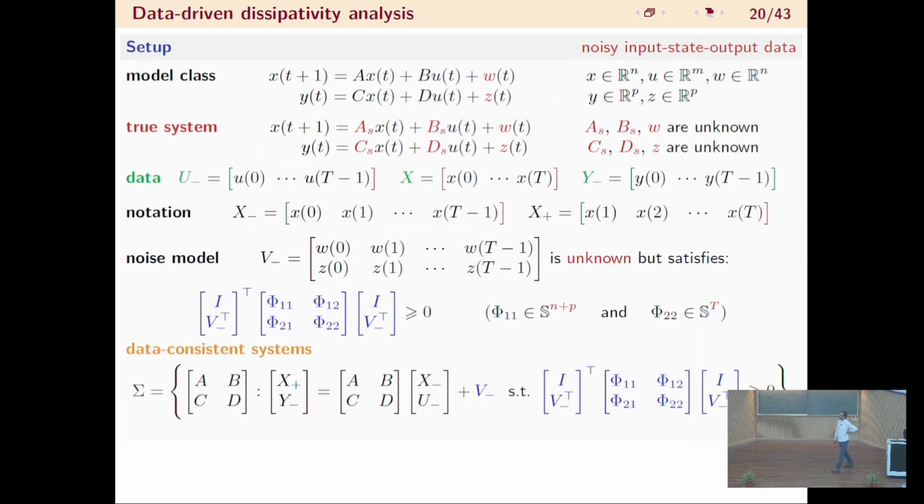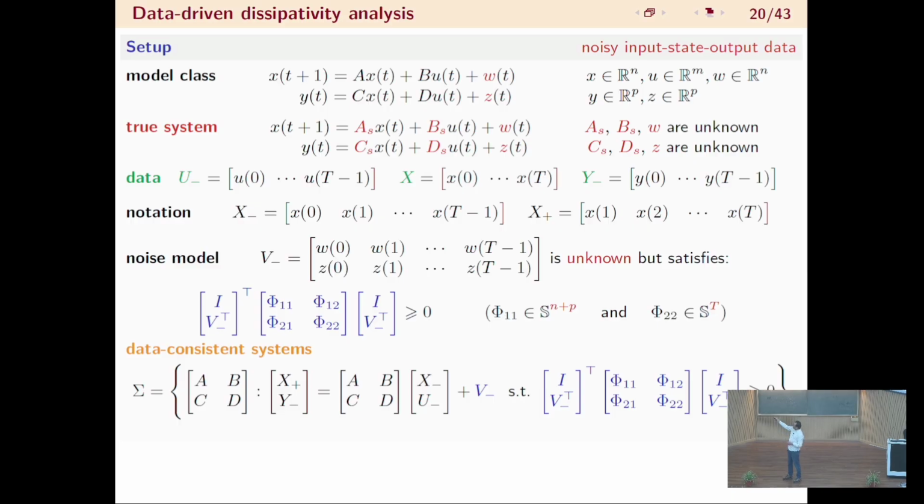Now, as before, I have to start to set up the model class. Unlike the previous cases, this time I also have outputs. I have inputs, states, and outputs all at the same time.